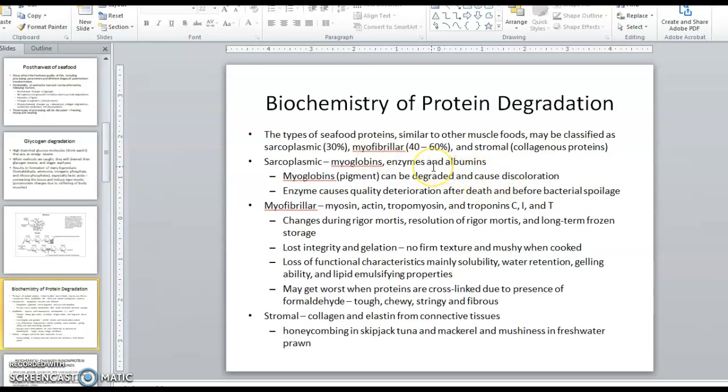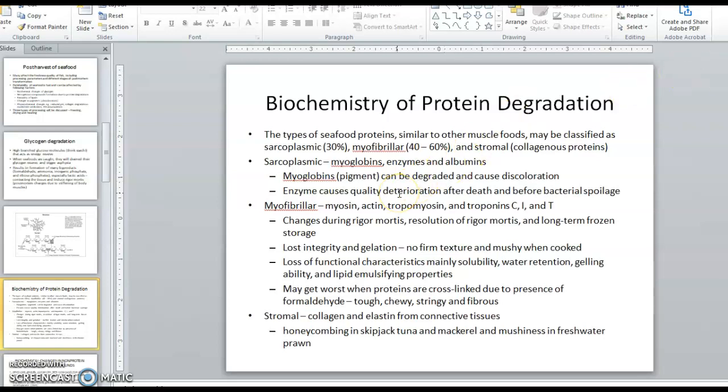The sarcoplasmic muscle usually consists of myoglobins, enzymes, and albumins. Myoglobin is one of the red pigments that give color to the fish. So if they are degraded, the red color of the fish can turn into something else, and we know that the fish is not very fresh anymore.